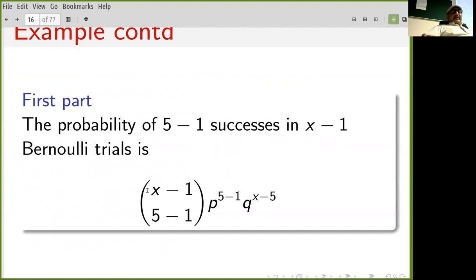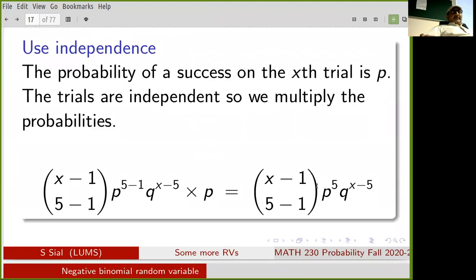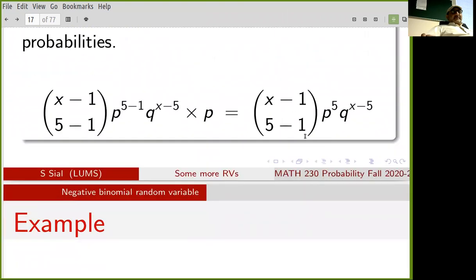In X minus 1 trials, you have to place 5 minus 1 successes, so the number of ways is X minus 1 choose 5 minus 1. The number of successes that you need is 4, so that's P to the 4 and then Q to the X minus 5. There are X minus 5 trials left. And then you multiply once again by P. That's the probability of that 5th success. So it's X minus 1 choose 5 minus 1, P to the 5, Q to the X minus 5.